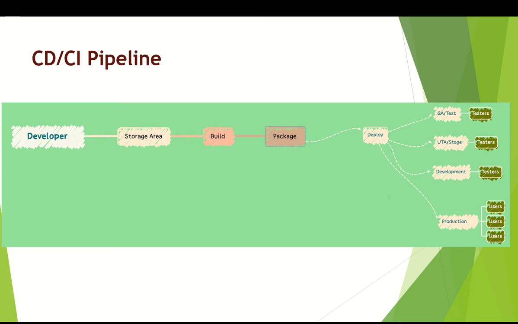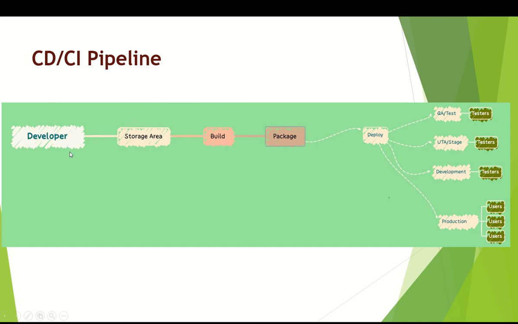For the last couple of videos we have been talking about what CD and CI pipelines are. This is somewhat of a diagram which I tried to explain, but I don't want to waste time drawing everything, so I did it before. Developer means it could be a single developer or multiple developers.